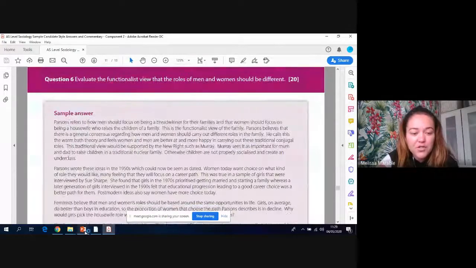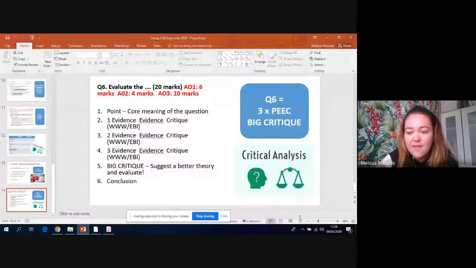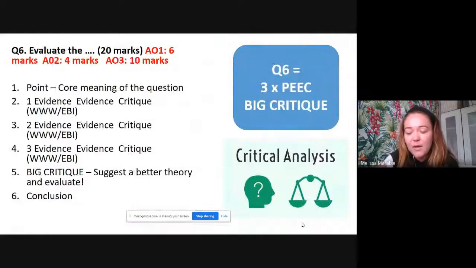Okay, the last question, question 6, is another critical analysis, another evaluation. Now, this will be about theory, or it might not be. I have seen a question that was based on patterns and trends, like the actual evidence of how class impacts or how gender impacts. You guys have had practice of doing both, so you should be feeling quite comfortable with this.